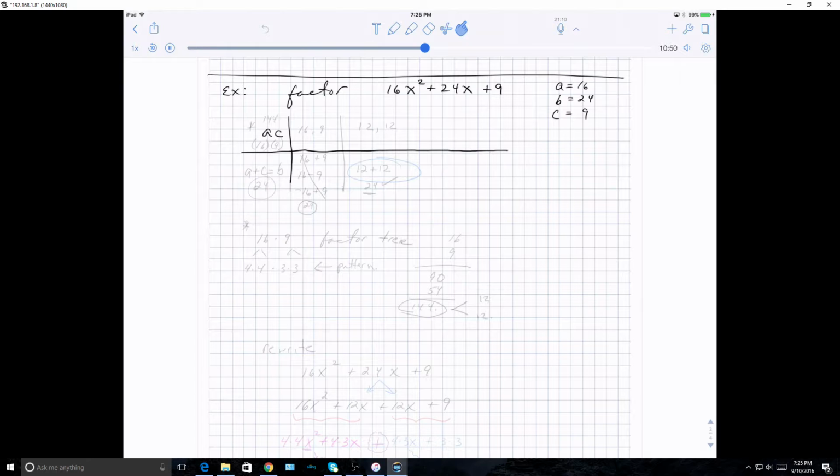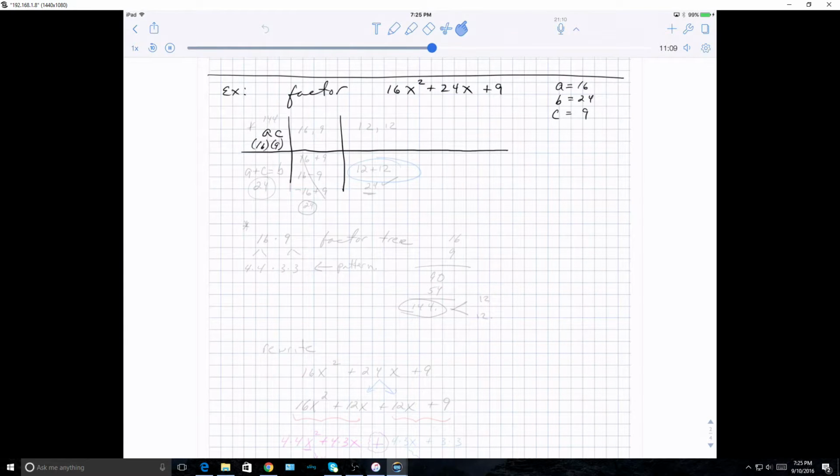This one might take a little bit more work, but we can list them all out. So what is the product AC? Well, it's just going to be 16 times 9. So we have to find all the factors that would break up nicely.